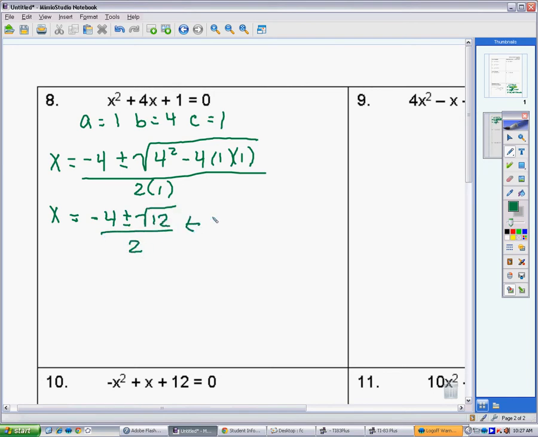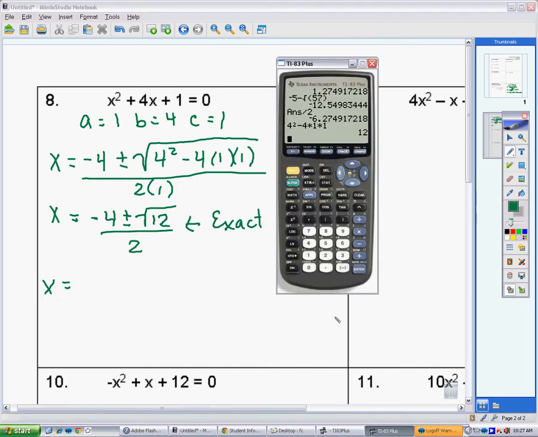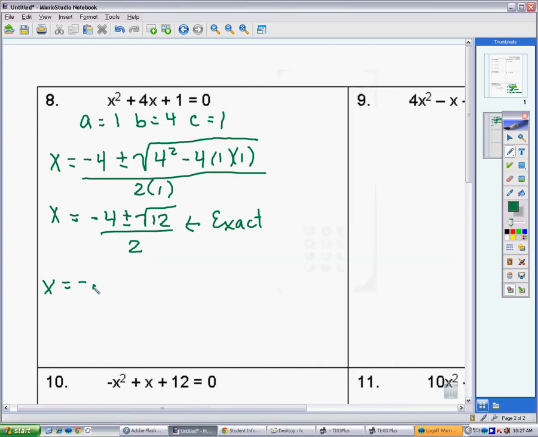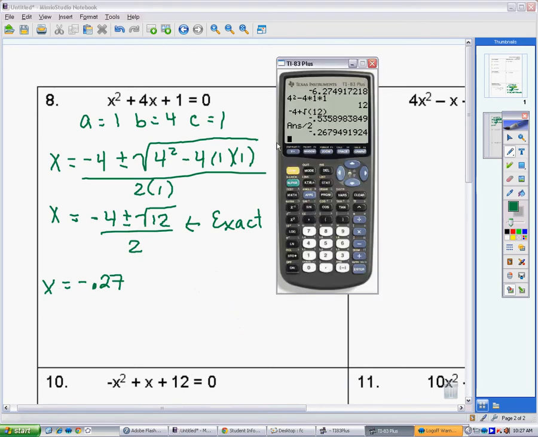Okay, this is going to be our exact answer. And now I'm going to find my approximate answers. I'm going to put those into the calculator. So I'm going to do negative 4 plus square root of 12 first. There's my numerator. I'm going to divide by 2. So I get negative 0.27, rounding to 2 decimal places. Now I'm going to come back and do the negative.